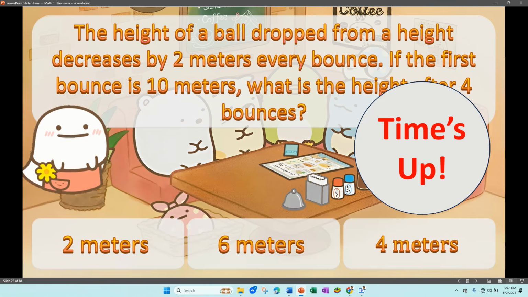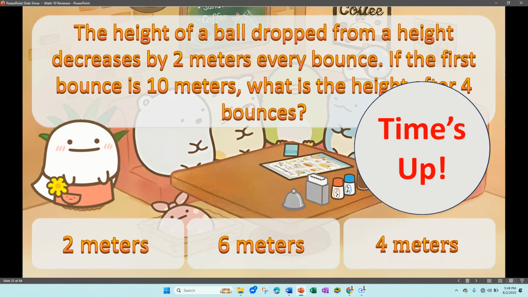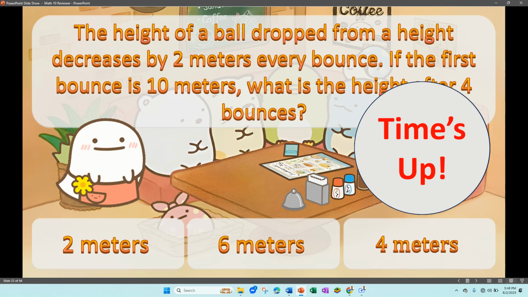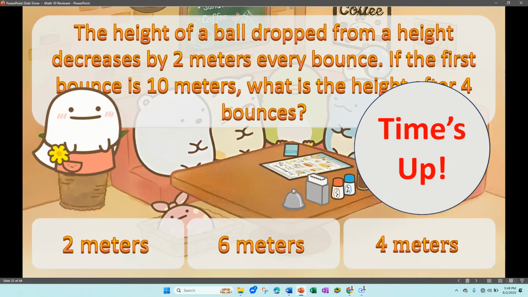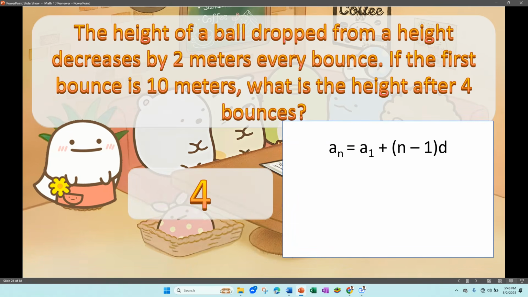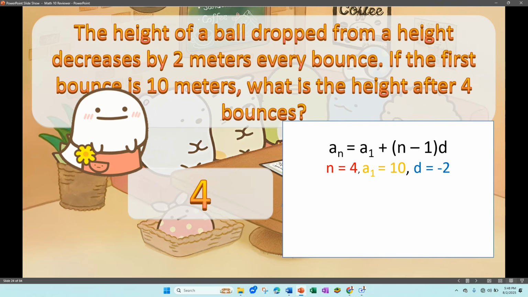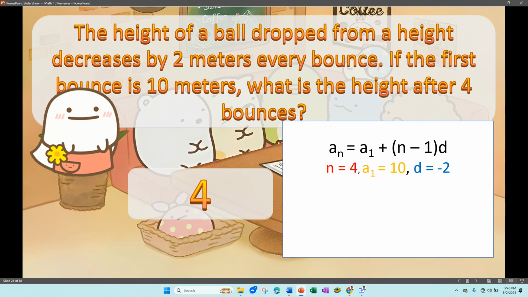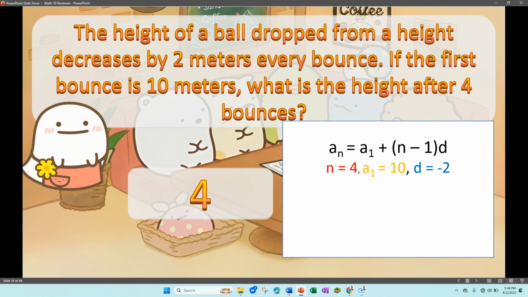Okay, time is up. So this is all about arithmetic still. So the question is, what is the height after 4 bounces? We will apply the arithmetic series formula where the end is 4 bounces. Our first term is 10 meters and the common difference is negative 2. Why negative 2?